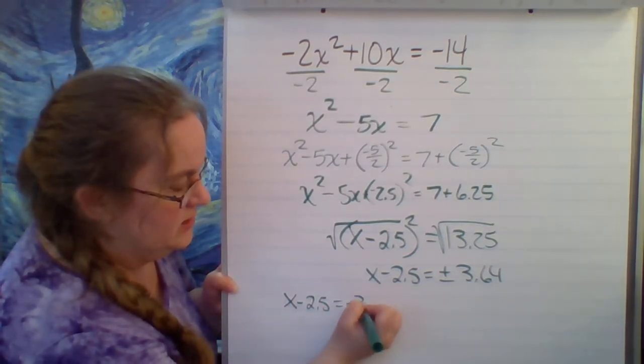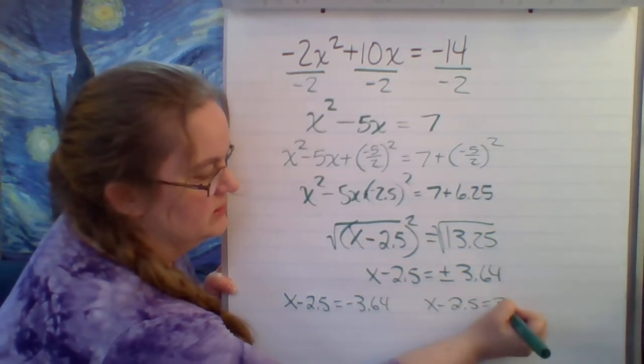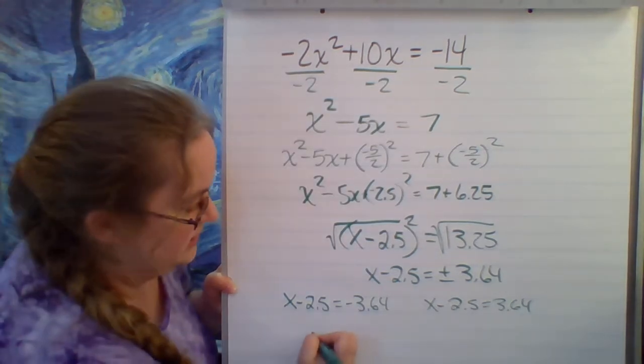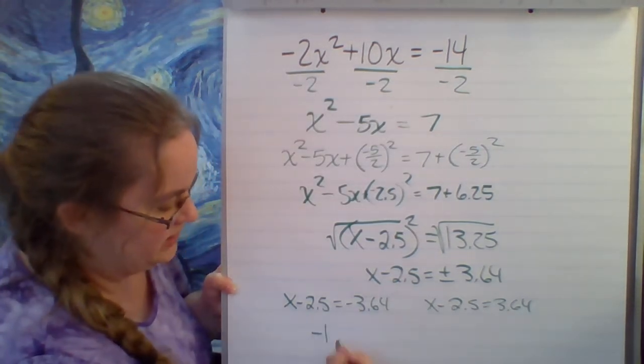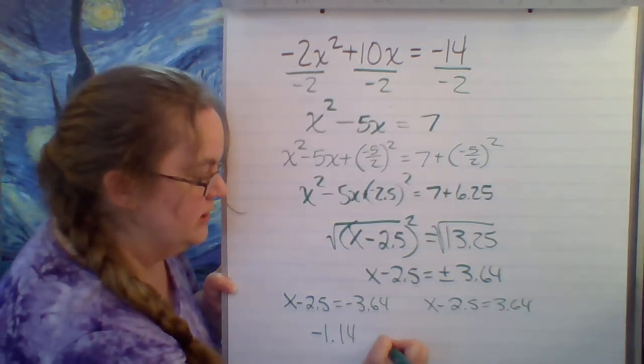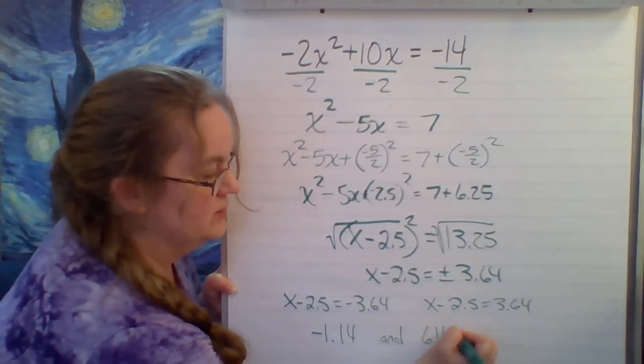It comes out to the negative 3.64, or it comes out to the positive 3.64. When I add 2.5 here, I end up with negative 1.14, and my other root is going to be positive 6.14.